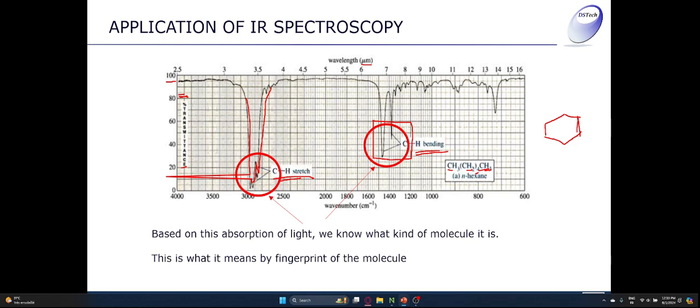It wouldn't tell you the structure of the molecule, but it will tell you what group it is, and from the group you can already deduce what sort of molecule it should be.